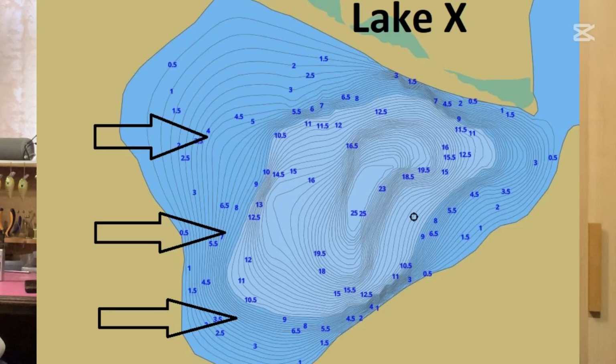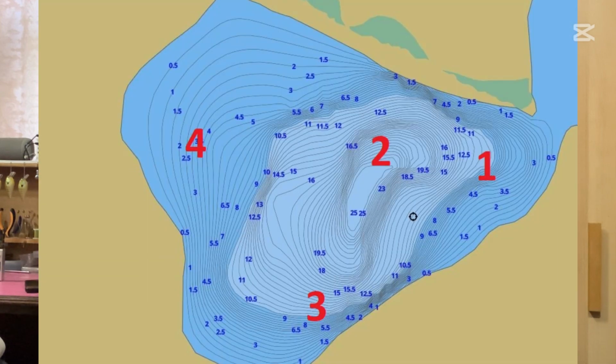And on the first slide, as you will see, it's Lake X, with the wind blowing from a westerly direction across the lake. Then what I've done is I've broken up Lake X into 4 parts.